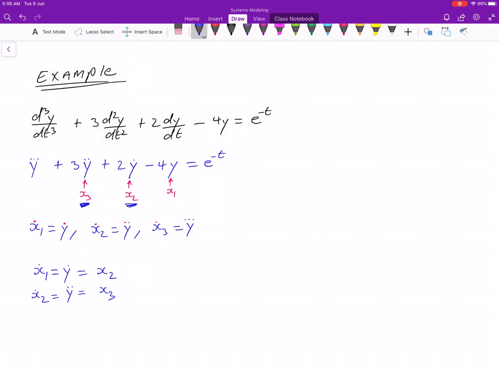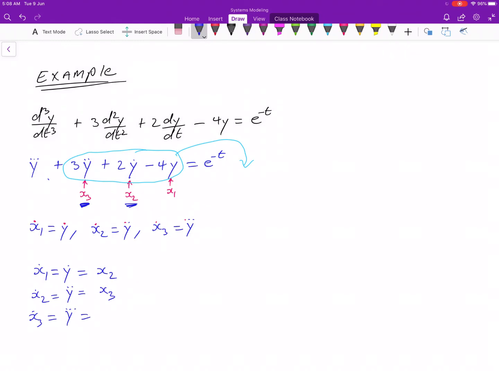And the next one is x3 dot. x3 dot is equal to y dot dot dot, which is not assigned, but we can work it out by taking the rest of this equation to this side.